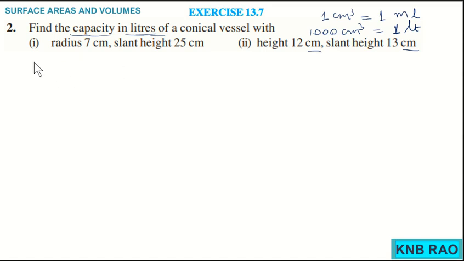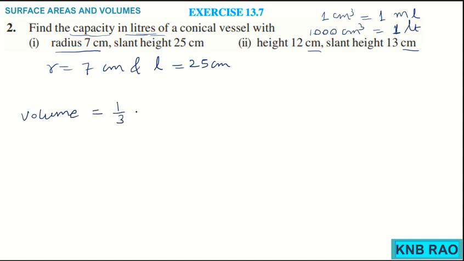vessel. Since here we have radius given as 7 centimeter and slant height L given as 25 centimeter, where volume is found with the formula 1/3 pi r square h, we require the h variable, that is the vertical height of a cone.